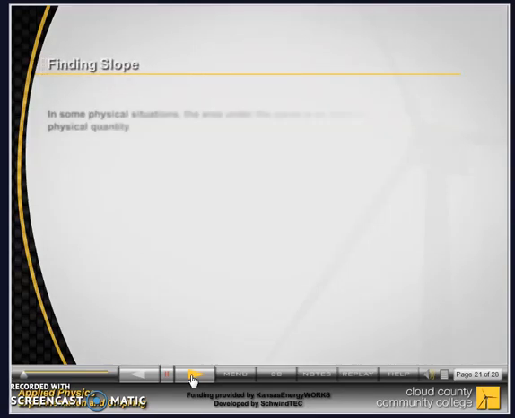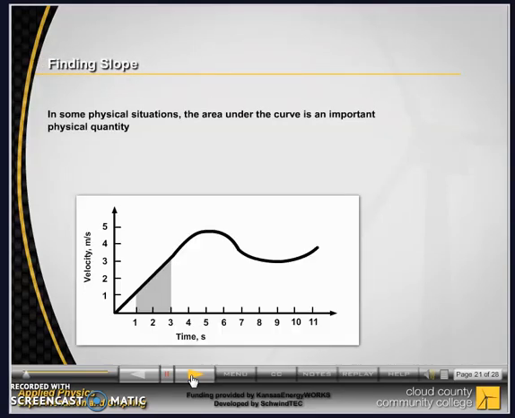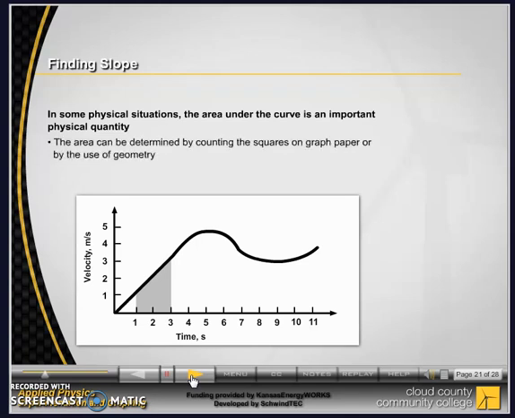In some physical situations, the area under the curve is an important physical quantity. In the graph, the area under the curve between t equals 1.0 seconds and t equals 3.0 seconds is shown by the shaded area. The area can be determined by counting the squares on graph paper or by the use of geometry.